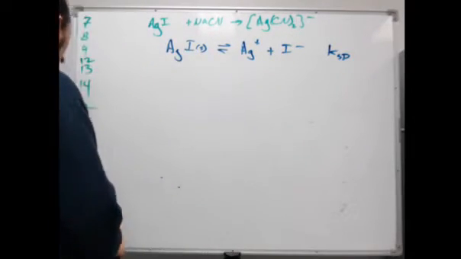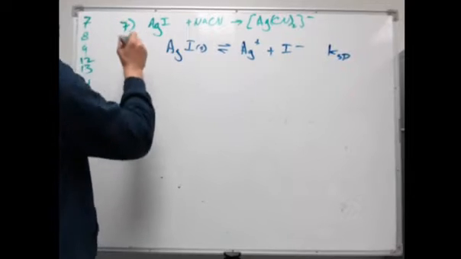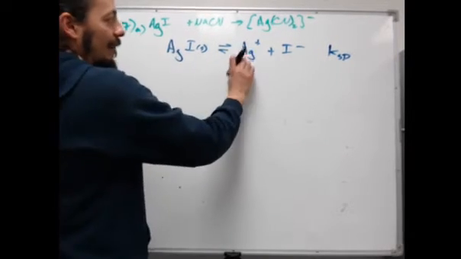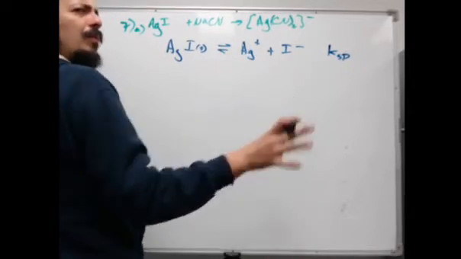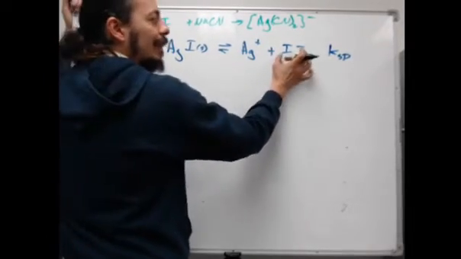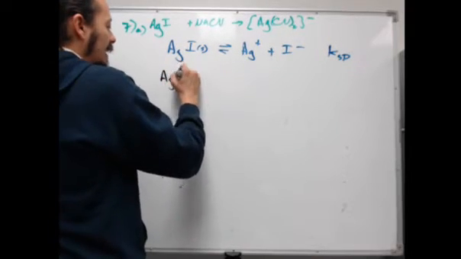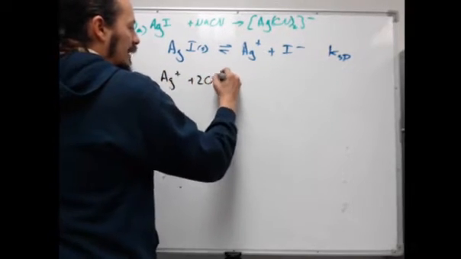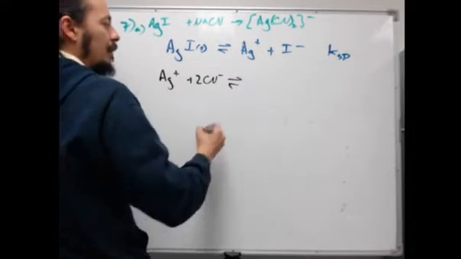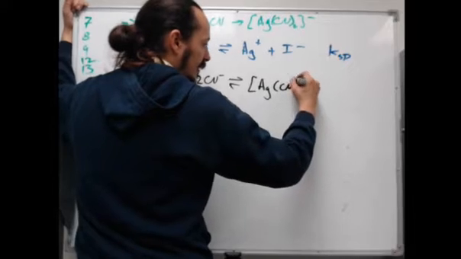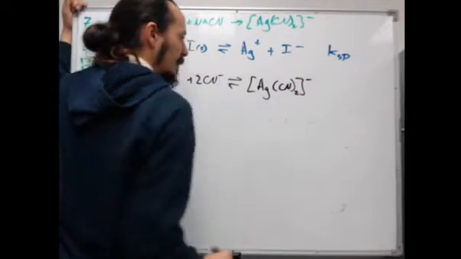I am also, and this is problem 7, okay. I also am going to have this Ag plus. Remember when we were doing this with acids and bases, we were looking at the anion. We can now do this with the cation and say, I've got Ag plus and 2 CN minus. That's going to have some equilibrium to form the Ag(CN)2 minus.